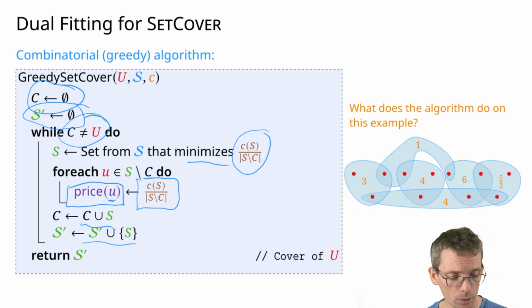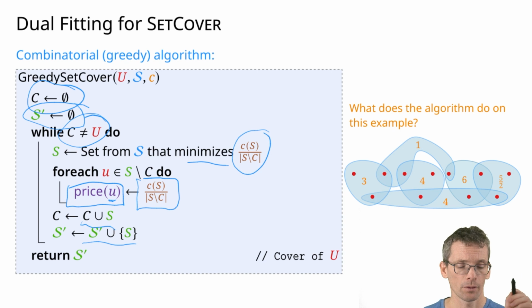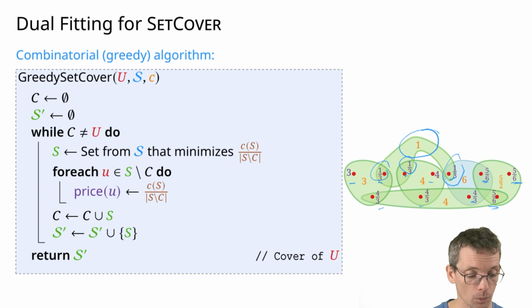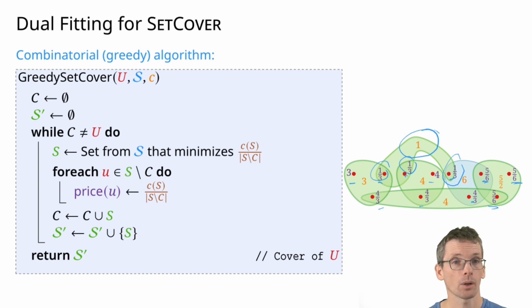So you might want to try this on this example. The result should be the following. The green sets are the ones that I would select, and the numbers here are the prices that I pay for the elements. So for instance, the first set that I would be selecting would be the set with cost 1, because I get the elements at a price of 1/3, and that is the smallest price that I could get among all of the sets.